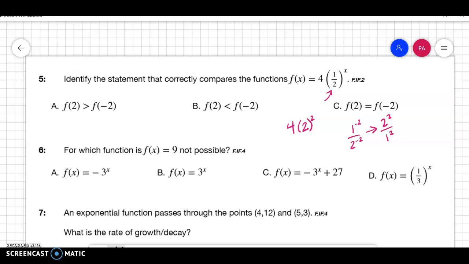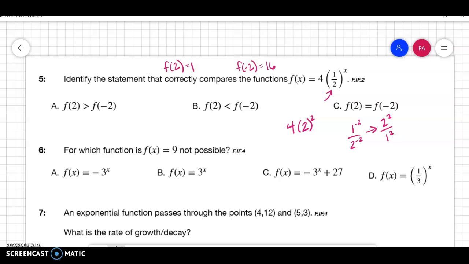So that 4, when it's f of negative 2, it would be 16. And f of 2, well, 1/2 squared is 1/4 times 4 is 1. So you're comparing 1 and 16 there. So that's why B was the correct answer.